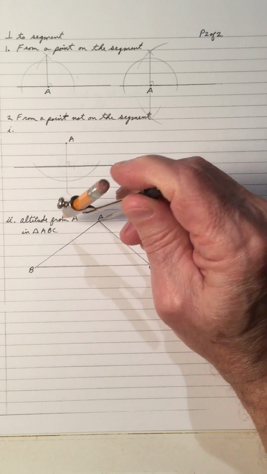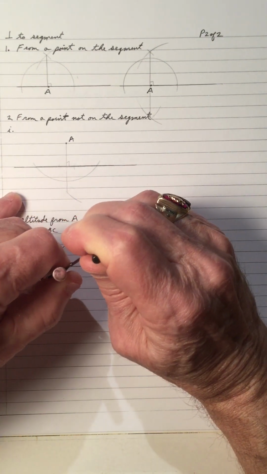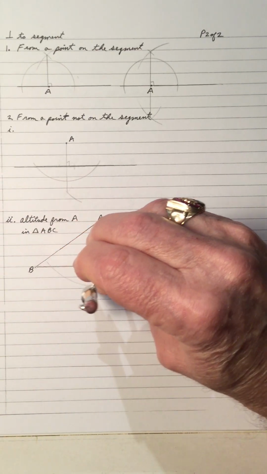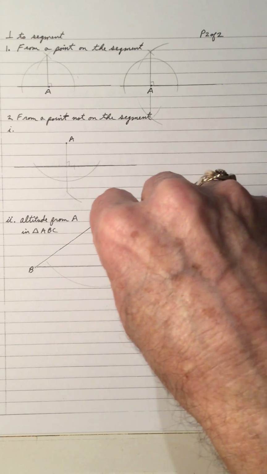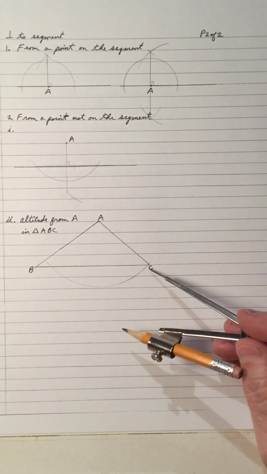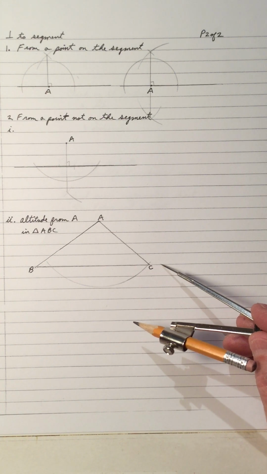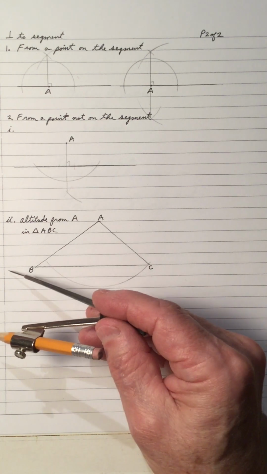So we put our compass at A, open the compass up so it intersects the bottom segment twice. As long as it cuts it twice, right there, there it is. It's cutting it twice, it's very close. Notice I got it very close, so I have to cut this segment twice. Even if this is extended out, it makes no difference. As long as it cuts this segment down here, even if it's extended out.